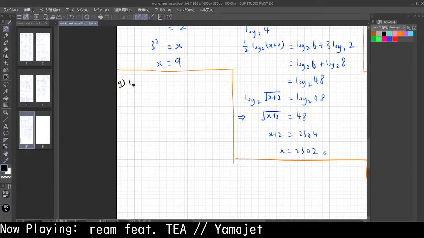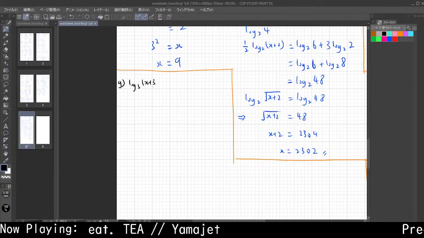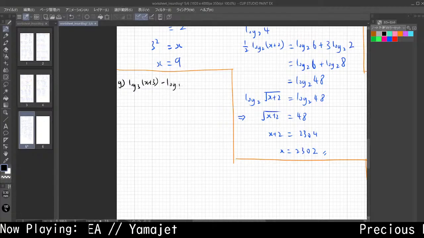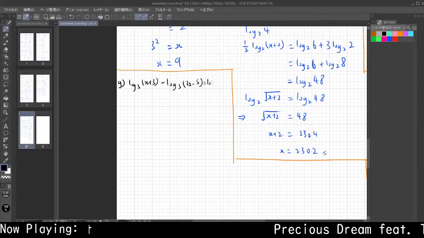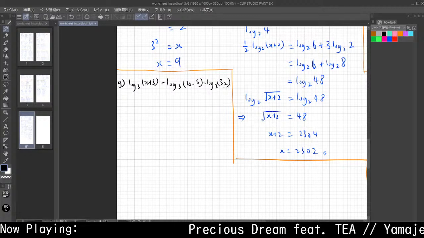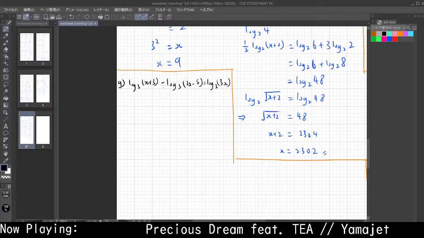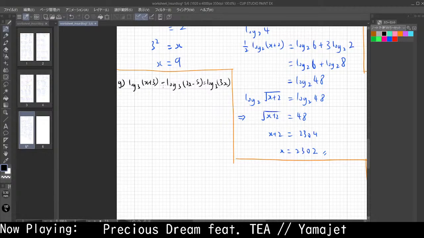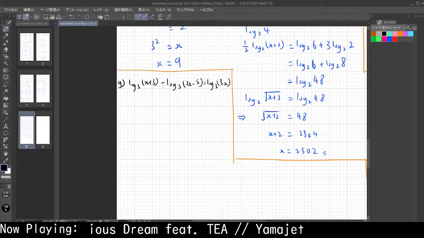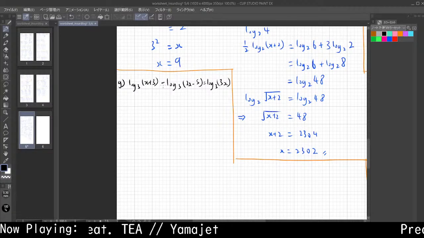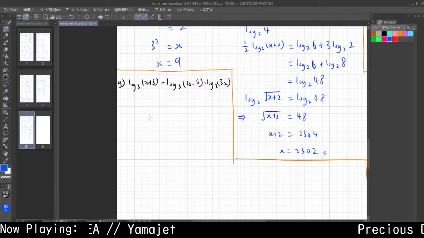Okay, G is log base 3 of x plus 3. We have experienced quite a bit of setbacks. For this one, it will be easier to move the other log to the other side and then equate it to the third on the right hand side. So left hand side, both are the same base, minus means divide.